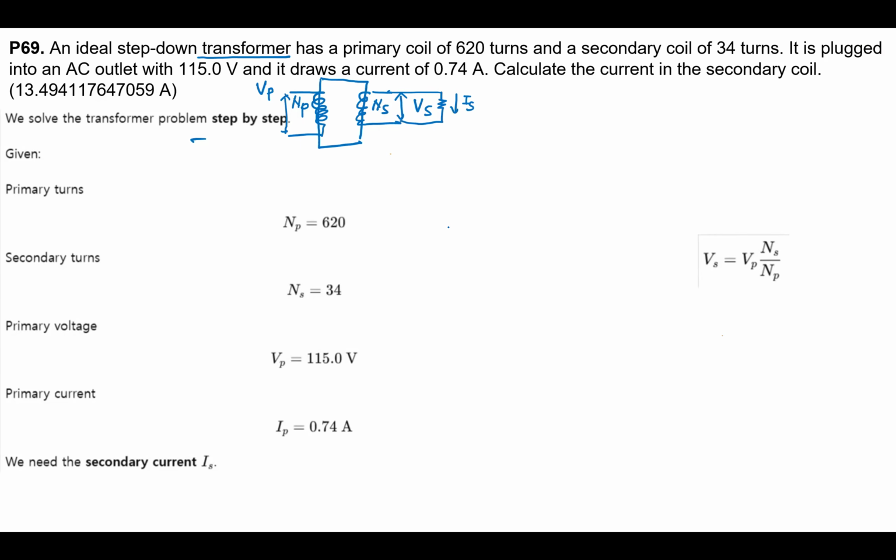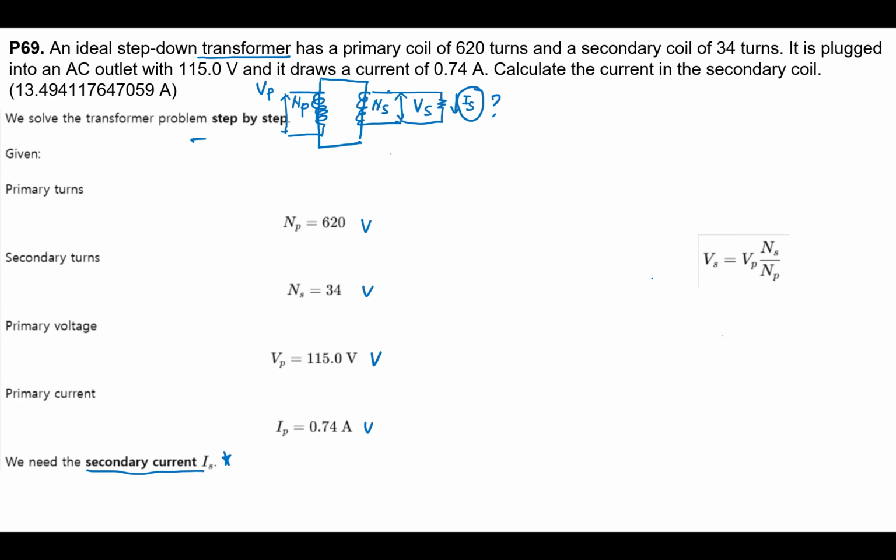What is given is the primary number of turns and the secondary number of turns, and the primary voltage and the primary current, and we want to find the secondary current, IS. Okay, what is IS?